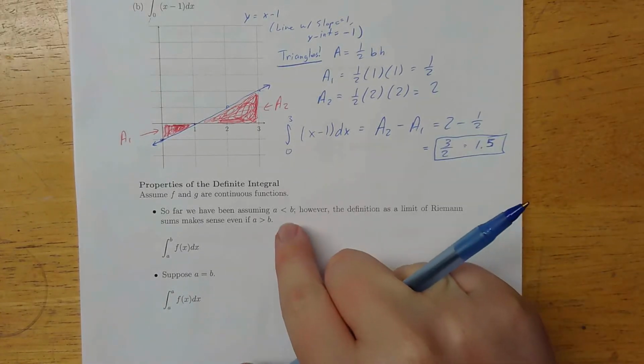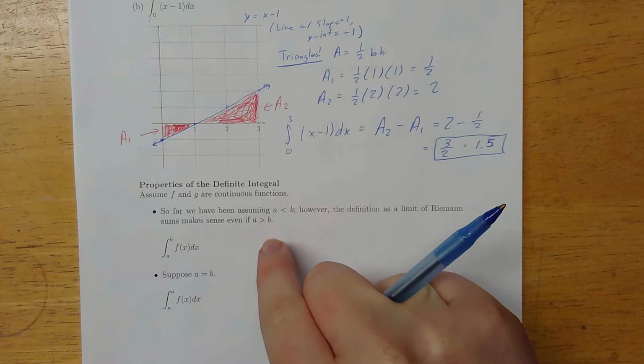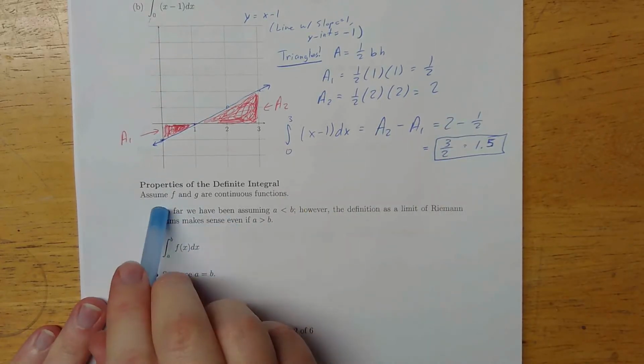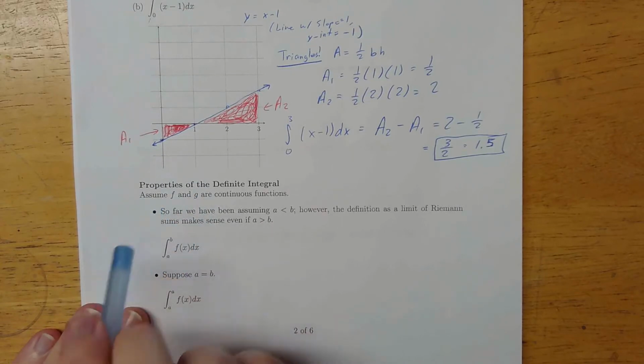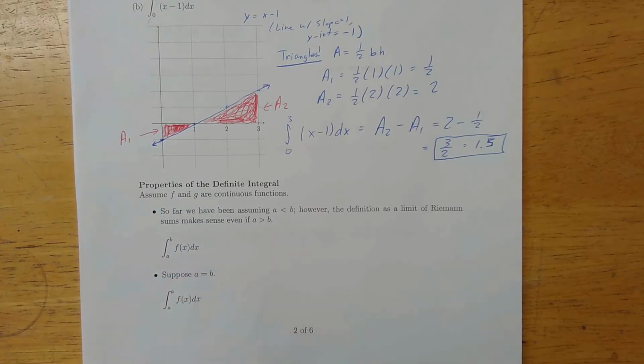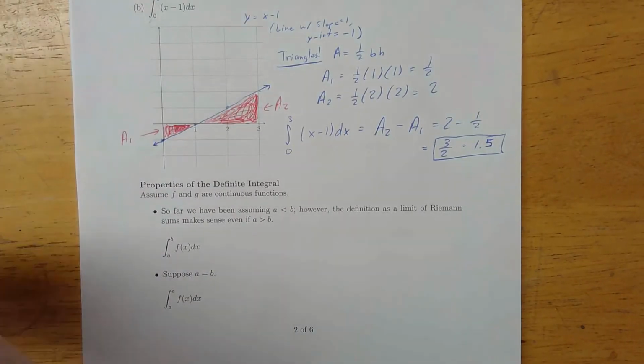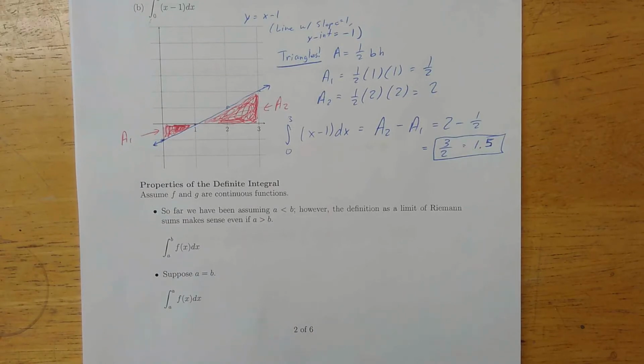So first things first, if we're talking about any functions f and g here, they're going to have to be continuous functions, right? That means that between a and b, we need to make sure we don't have any issues with continuity. And we just talked a little bit about continuity earlier in the semester.